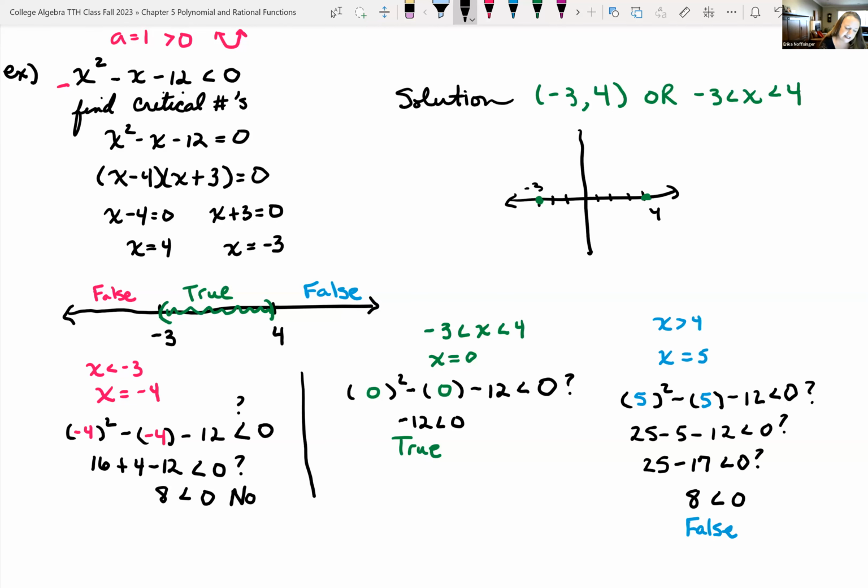Looking at this, I could tell what my y-intercept is, which is -12. And then I can either complete the square on my quadratic function, or I can use the vertex formula to find that vertex. I'm not going to worry about finding the vertex at this moment.